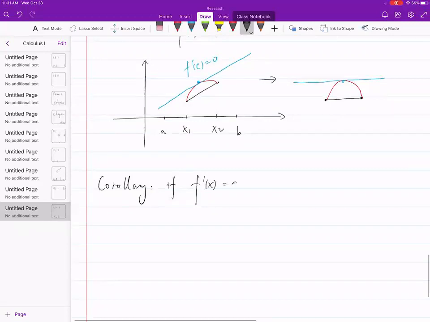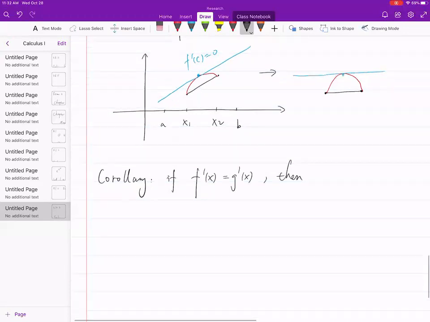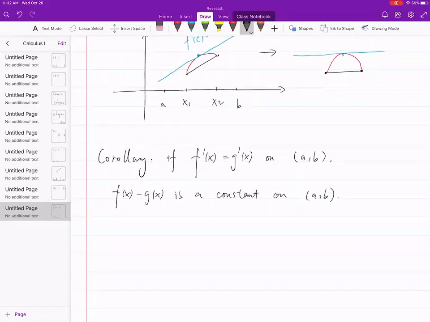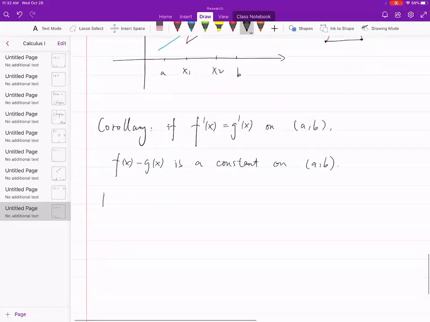If f prime x equals g prime x, then f of x minus g of x is a constant. Can you see this one follows from what we just did? f prime x equals g prime x, right?